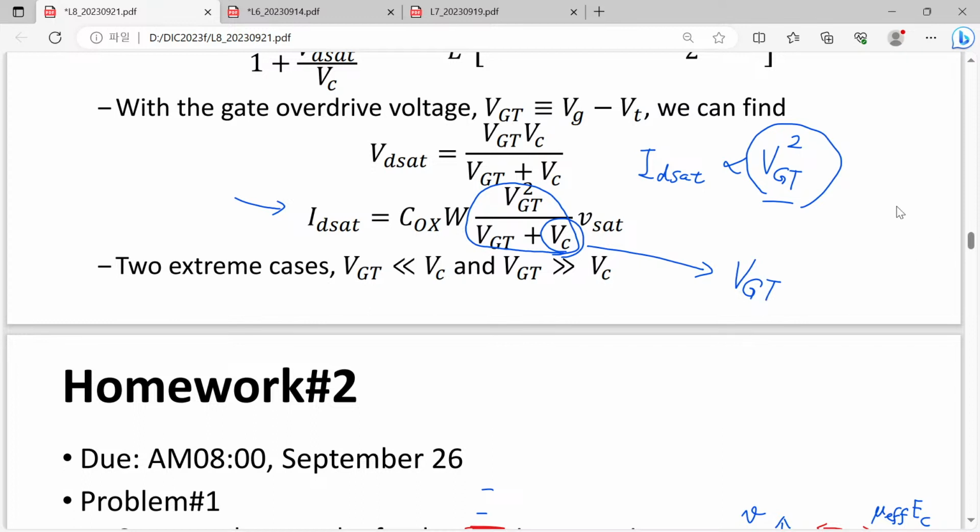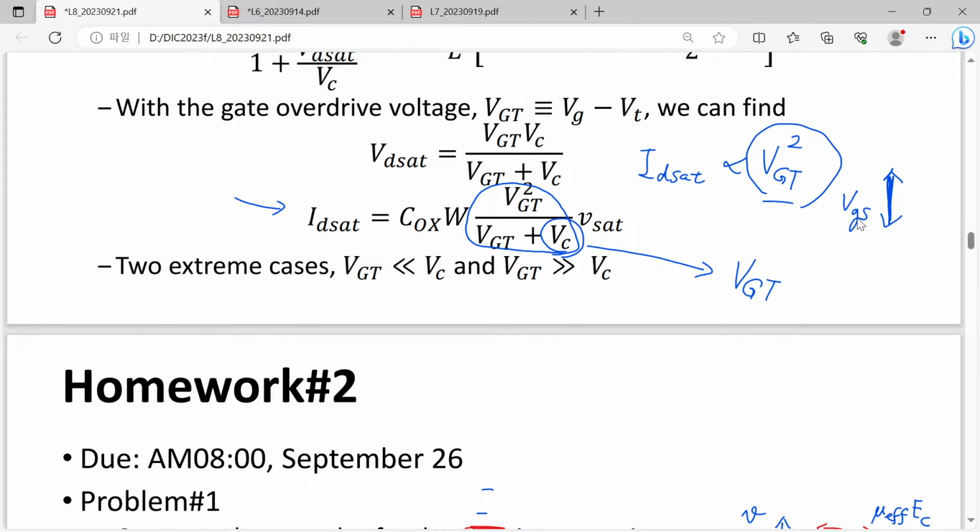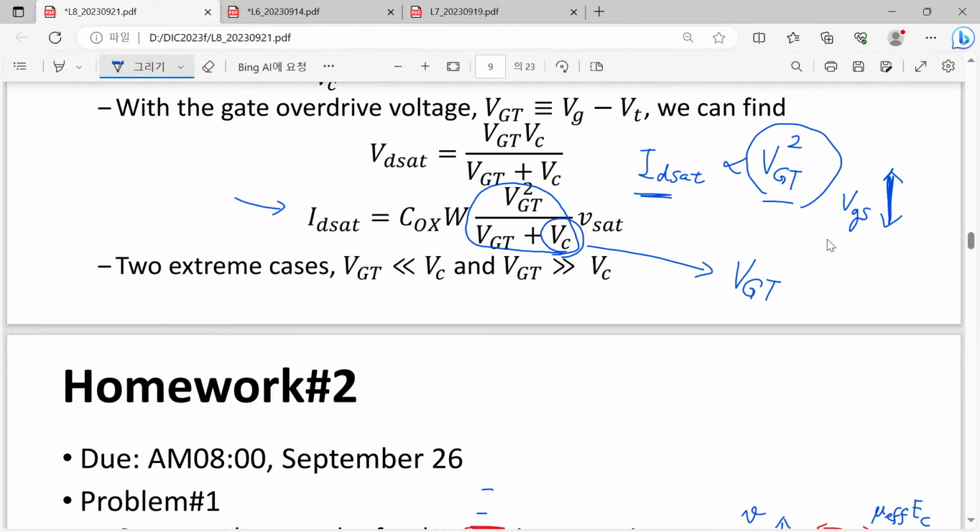So when you increase or decrease your gate-source voltage, your desire is to have a super high value for your ID or a completely vanishing, much smaller value for your saturation current. But compared with the long channel device, unfortunately the short channel device has a much more moderate, smooth dependence on the gate bias.